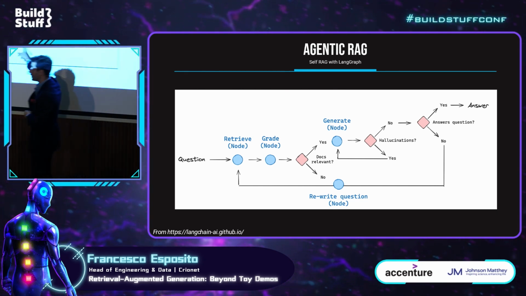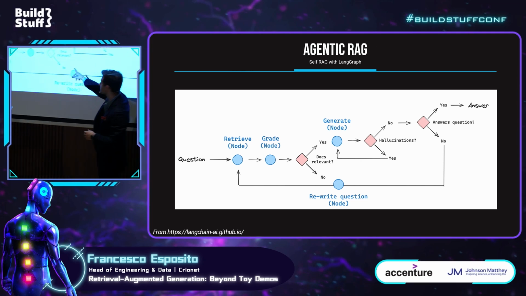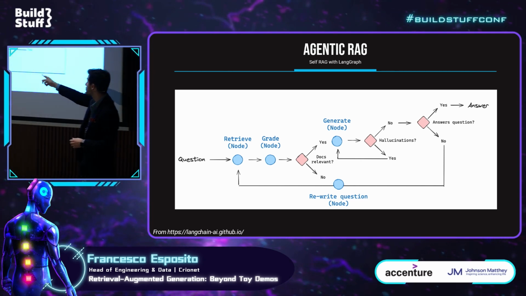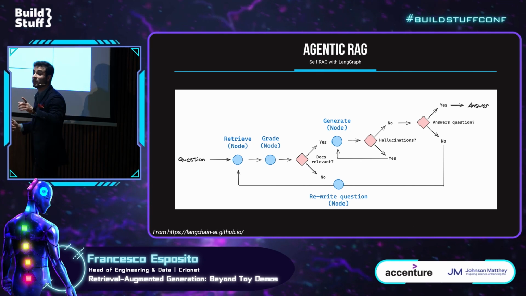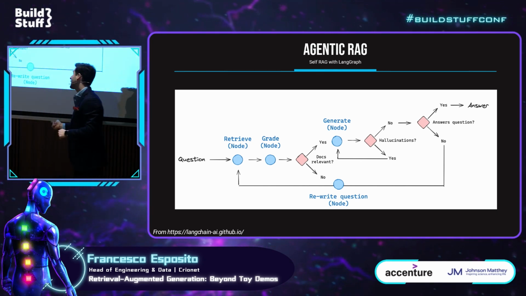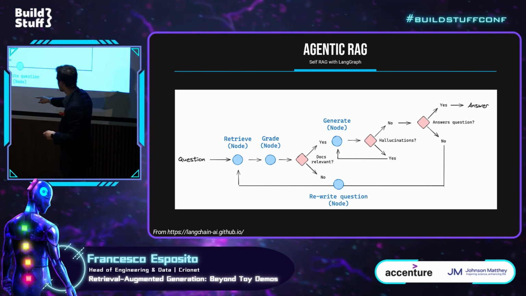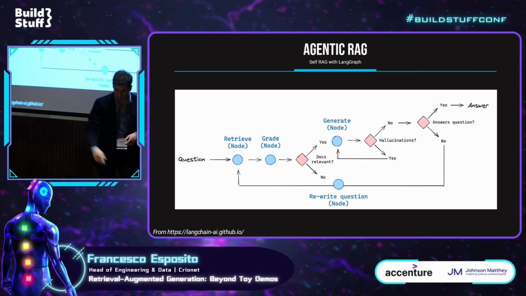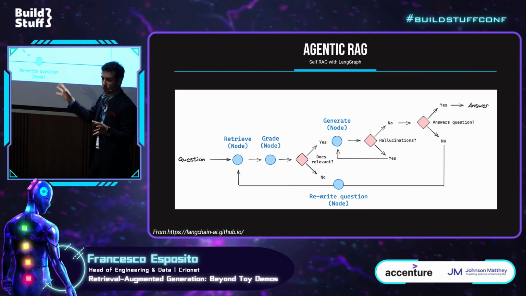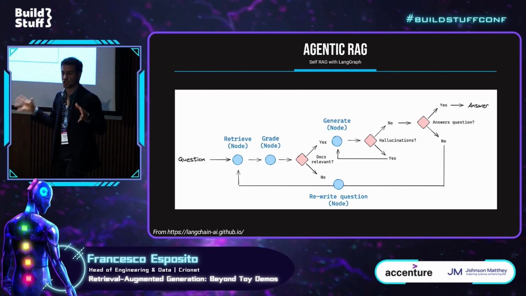Here, a new model, so more cost to come. If the answer is yes, then we pass to the generation step. If the answer is no, we try to rewrite the question and come back to the retrieval step. This is built with LangGraph, so it's a graph, a state machine.